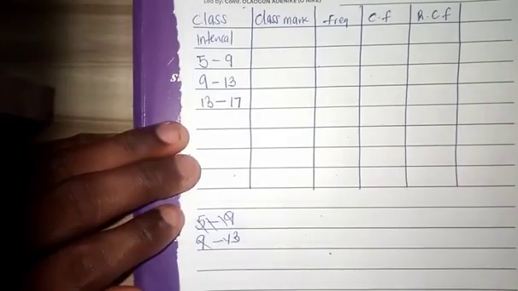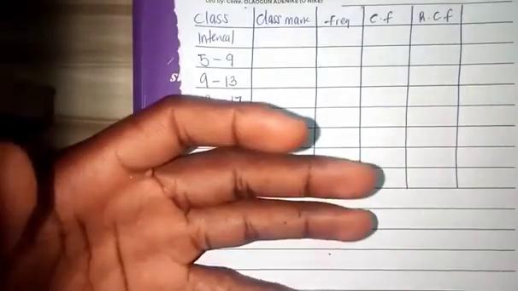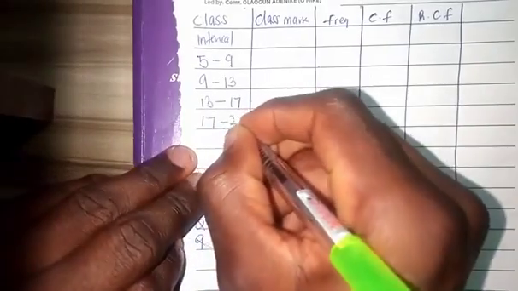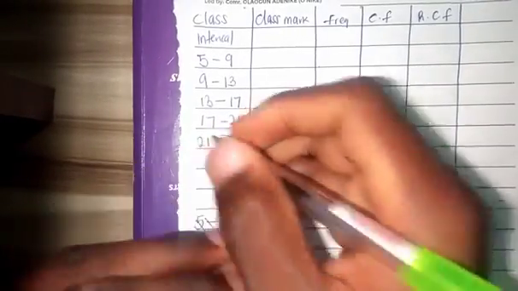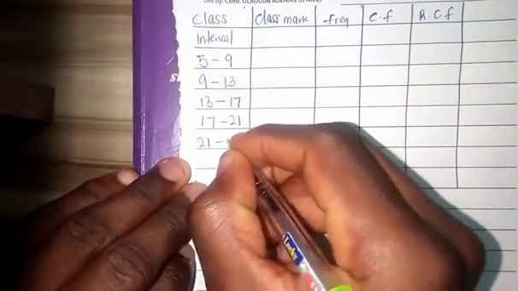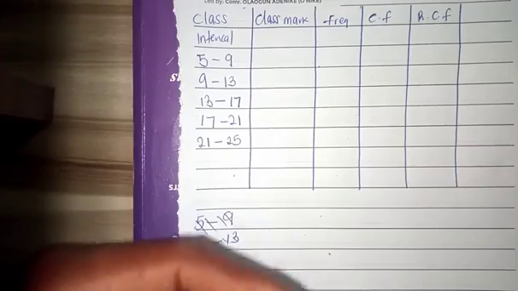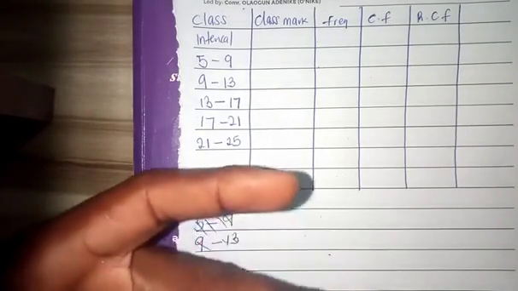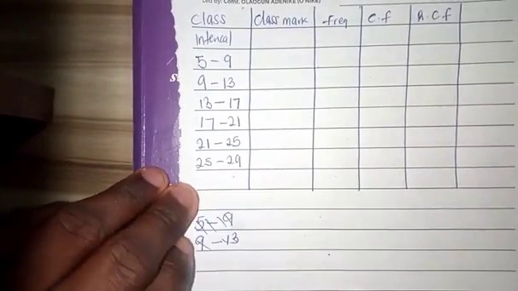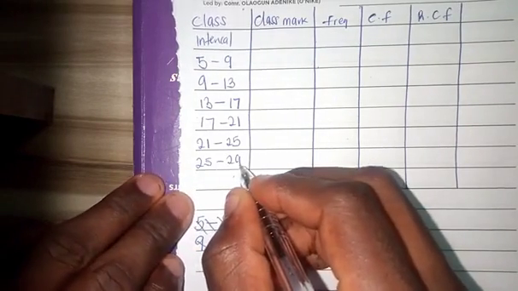13 to 17, then 17, 18, 19, 20, 21, so 17 to 21. Then 21, 22, 23, 24, 25, and 25, 26, 27, 28, 29, so 25 to 29.